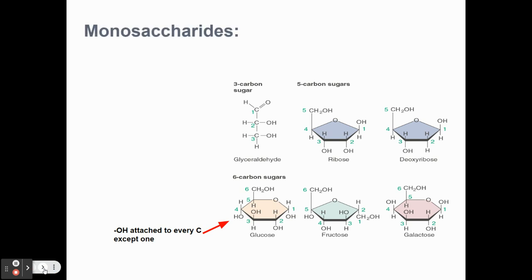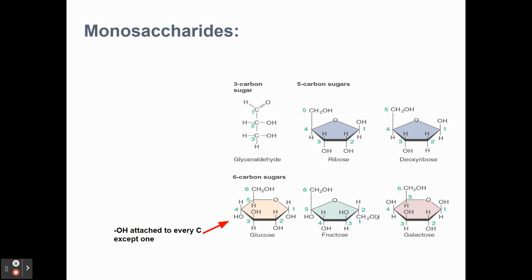So these are some examples of monosaccharides, and the formula for the 3-carbon sugar would be C3H6O3. What would it be for ribose and deoxyribose, which are both 5-carbon sugars? And then we have our 6-carbon sugars, and as you can see, they will all have the same empirical formula.